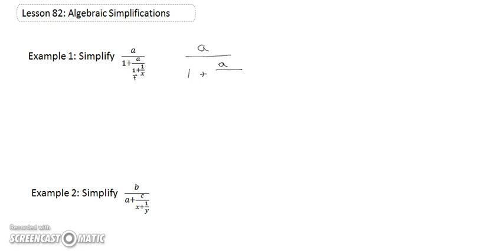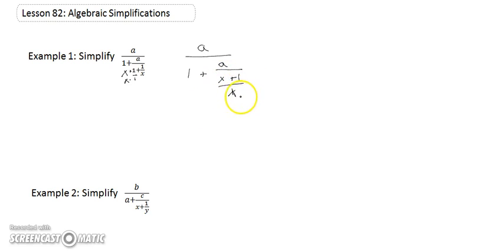So that 1 is over 1, and I would multiply x on top and bottom. So this will be x plus 1 over x, because now they would have the common denominator of x, and I could make that one fraction.